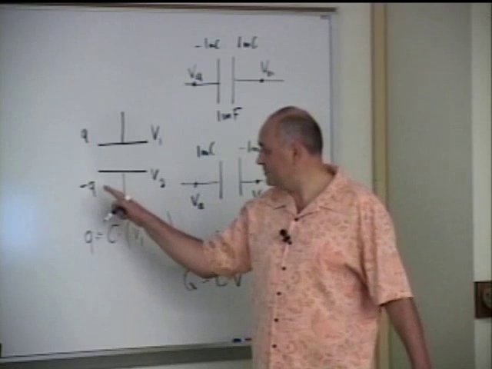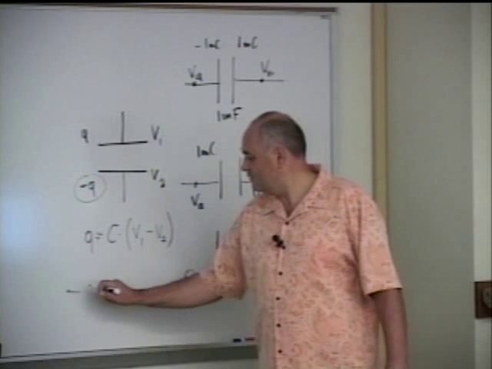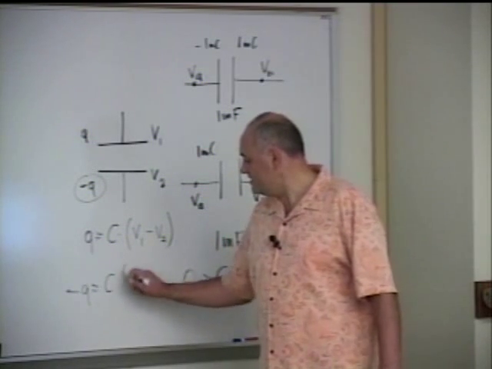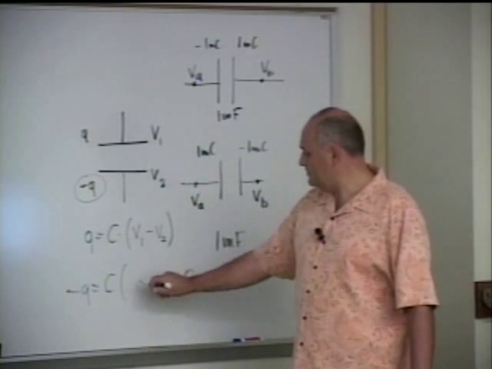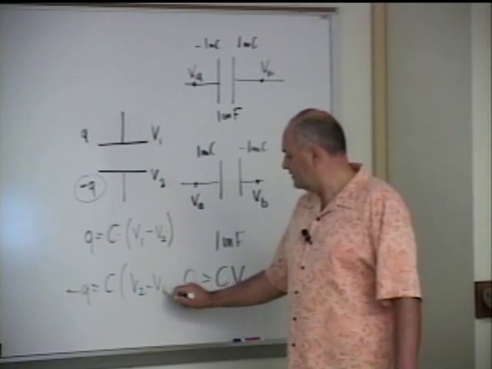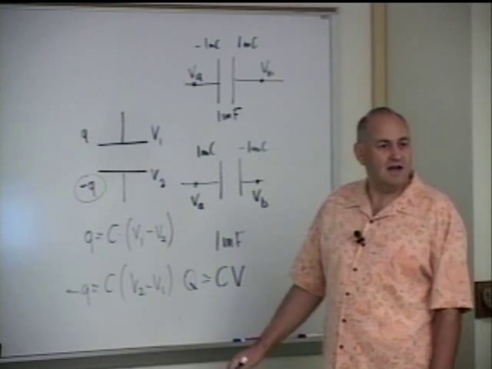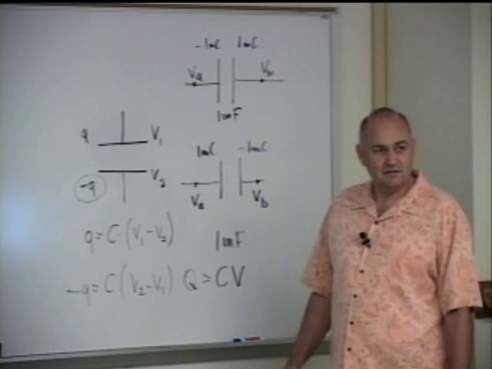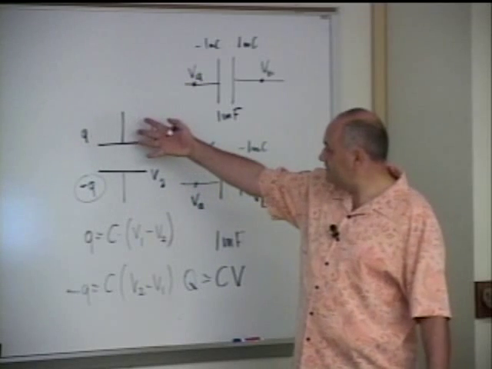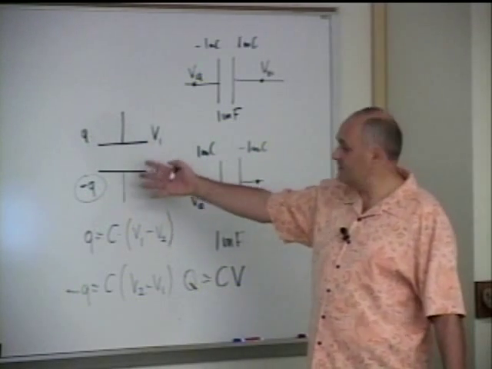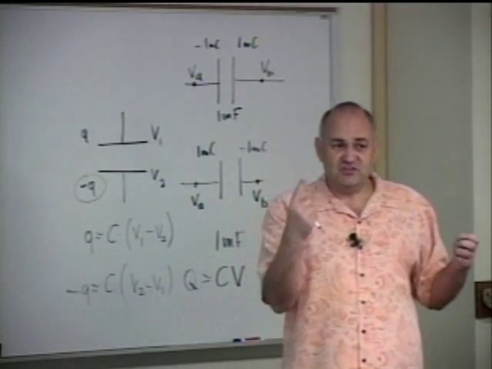I could for example start with this one, and now this is my Q. Then I will write minus Q equals C, and I have to be consistent. Now it will be V2 minus V1. Look, those two formulas are identical. You just have to remember how to select the quantities.